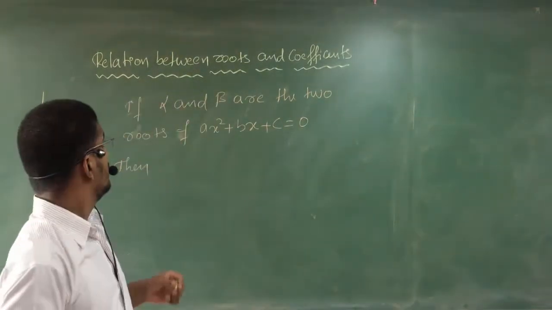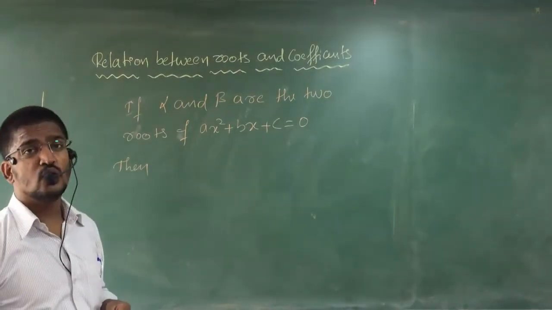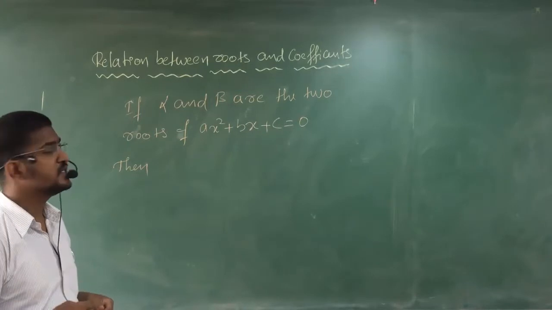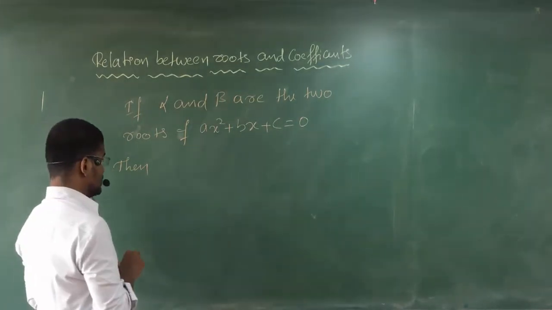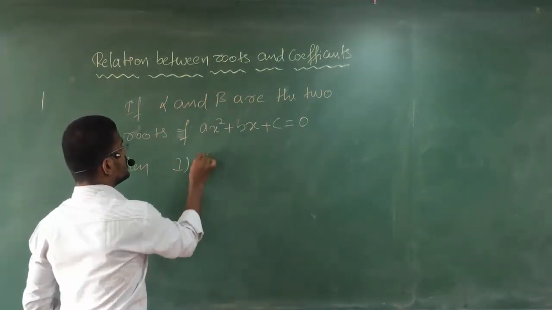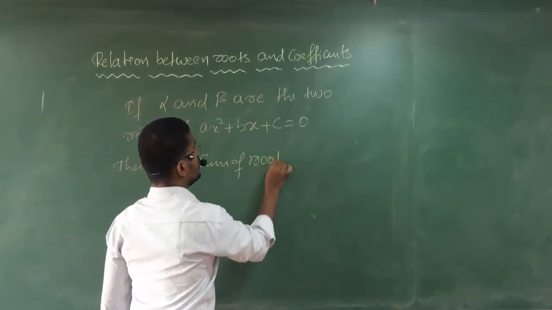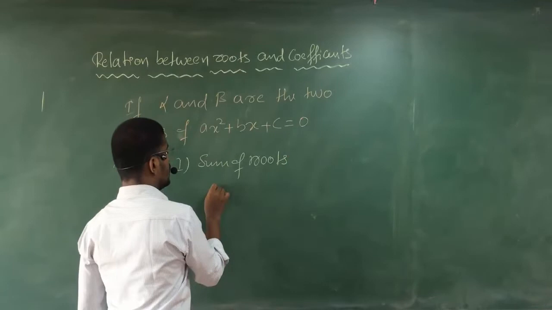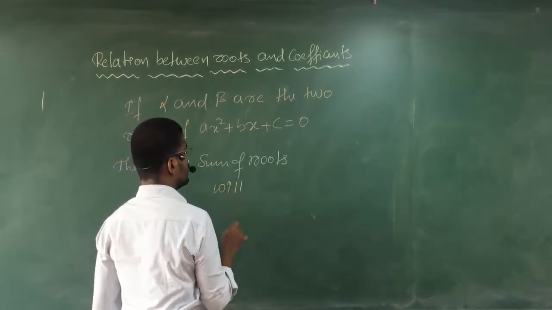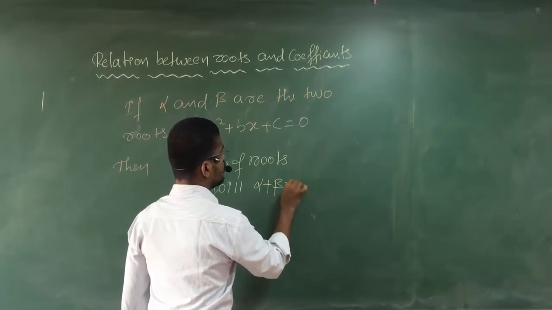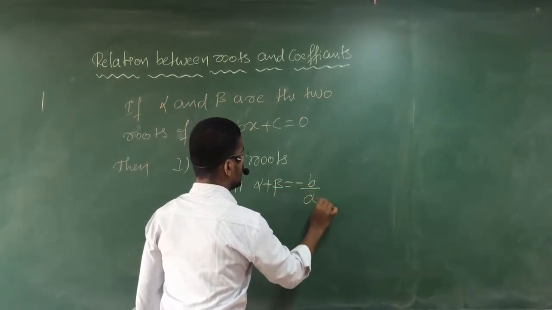So if alpha and beta are the two roots of this algebraic equation, I have two things to discuss. First one, the sum of roots will be alpha plus beta equal to minus b by a.